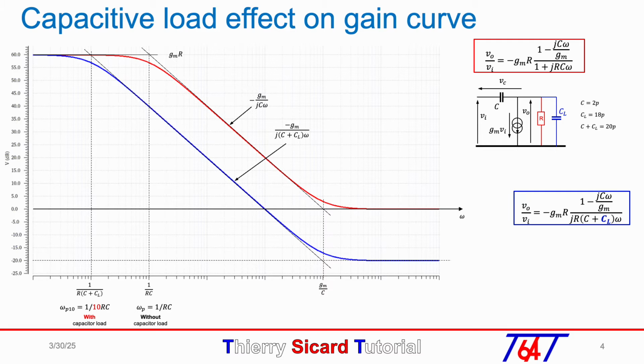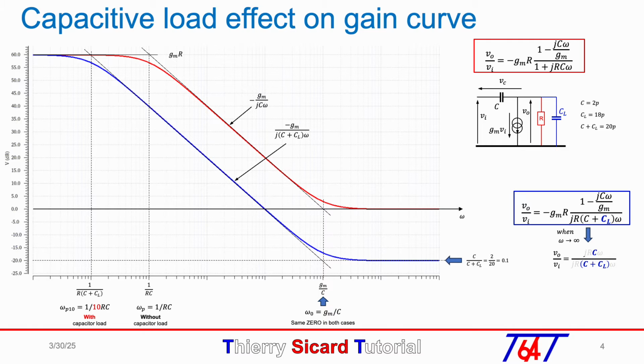However, this minus 20 dB by decade asymptote will intersect the minus 20 dB horizontal asymptote at the same zero angular frequency omega 0. When the angular frequency omega tends to infinity, the gain is equal to the capacitance ratio C over C plus CL.